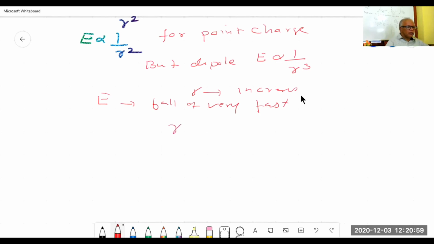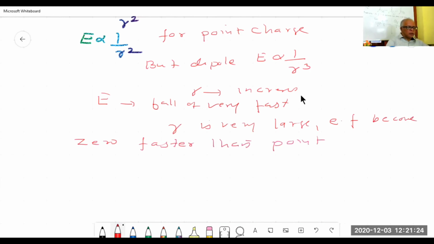When R is very large, the electric field becomes zero faster than for a point charge. Not this point; come for entrance exams and all, point charge.